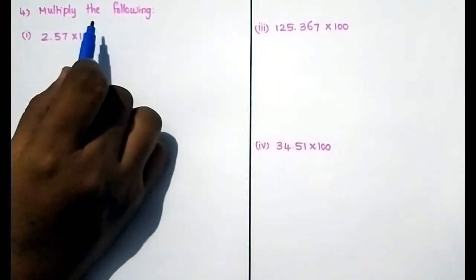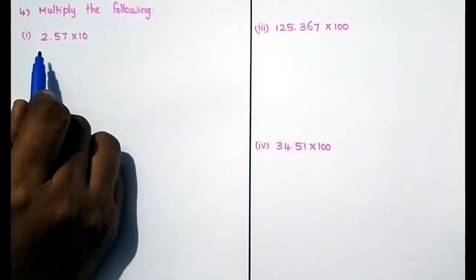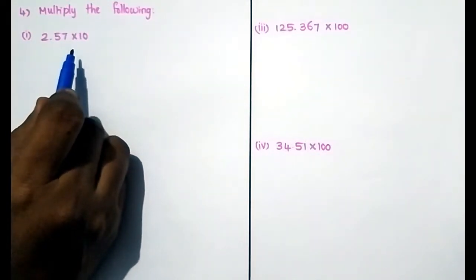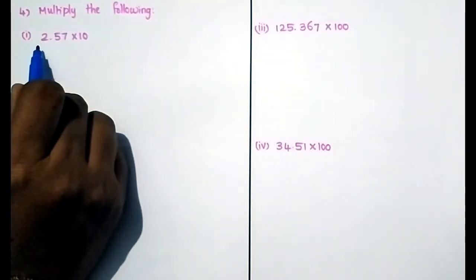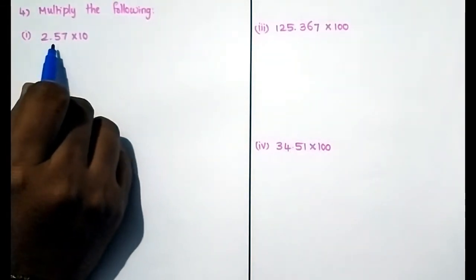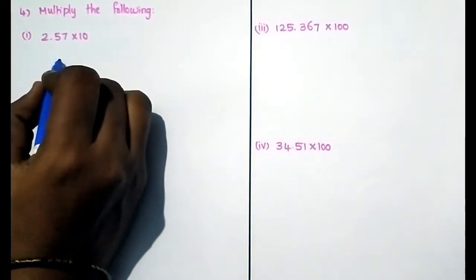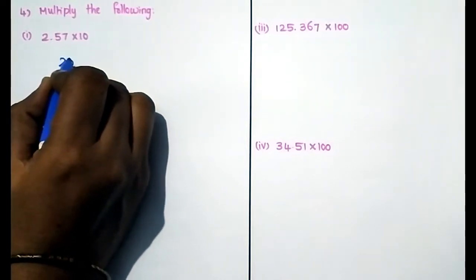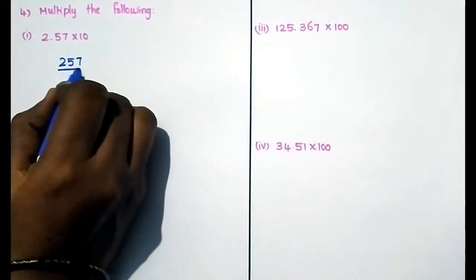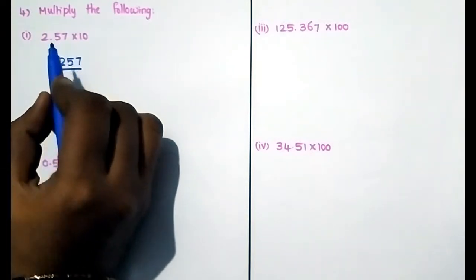Fourth sum, multiply the following. First subdivision, 2.57 into 10. Listen, first you have to write down this decimal number as a fraction. How will you write it down? Write down the number without the decimal point, and after the decimal point 2 digits are there.